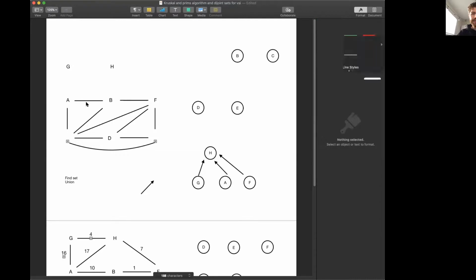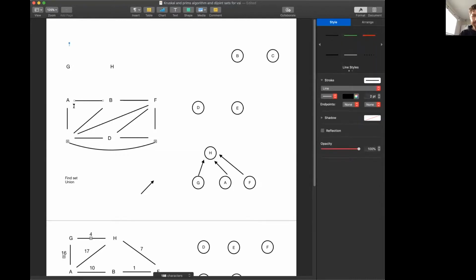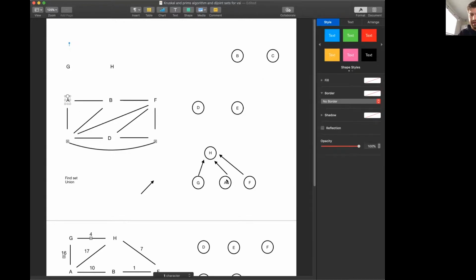Then let me process the edge between A and B. Again, the same logic. I'm going to call find set on A, and A is right here. Find set on A should give me the root of its disjoint set, and the root of this disjoint set is H. So A is in H, okay? Then I want to call find set on B. B is right here, and it's by itself. Do A and B have different disjoint sets?